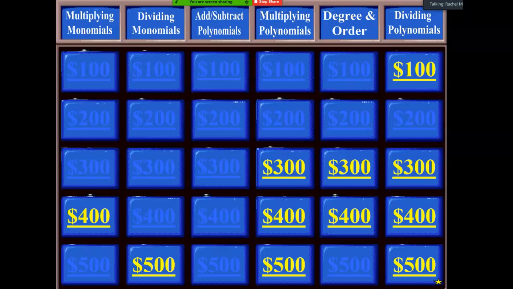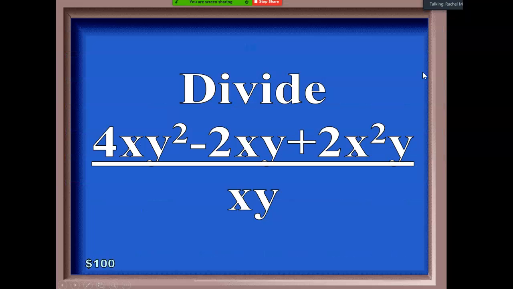It's Noel's pick. Nick got it right. Honestly, they're so loud in that corner. The dividing for 100? All right, divide.